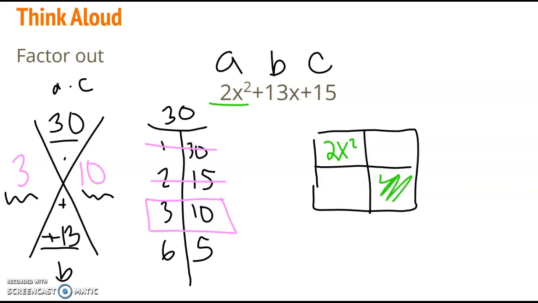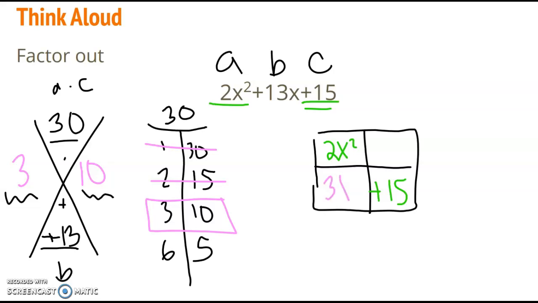This last box over here is my constant, which is this positive 15. In order to fill out the next two boxes, I'm going to go to my diamond method, and I'm going to be grabbing those two numbers, 3 and 10.